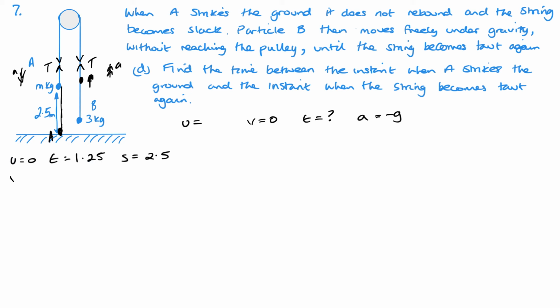So this is what we had earlier to find a. This time we're going to use it to find v. So we want to use s equals u plus v over 2 times t. So it's just a matter of substituting in everything that I know and then rearranging.